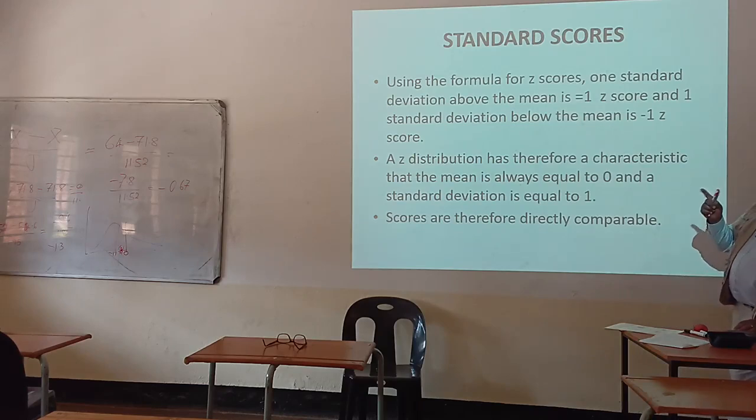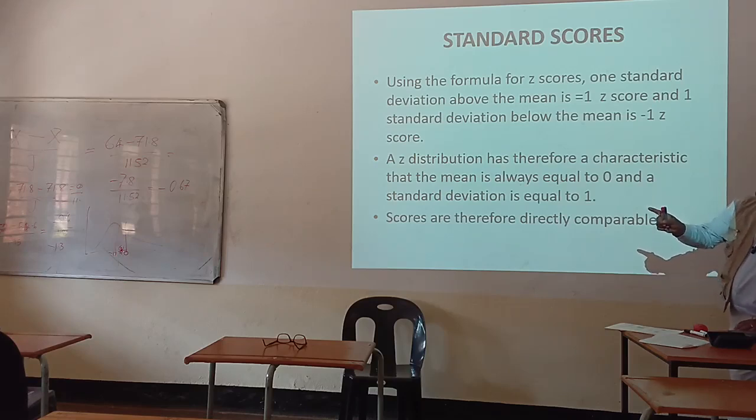So with this formula which we have used there, one standard deviation above the mean is always equal to 1. Here we have two standard deviations: we have used the standard deviation of 11 point something, and the standard deviation of 1.9.